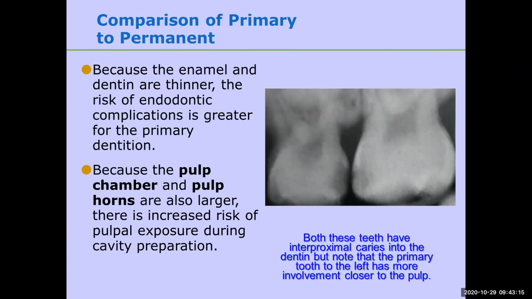And those of you that have worked in peds know this. The dentist is going in and removing the decay and prepping the tooth. Well, guess what? They're going to see a little pink here. That's requiring what we call a pulp capping.